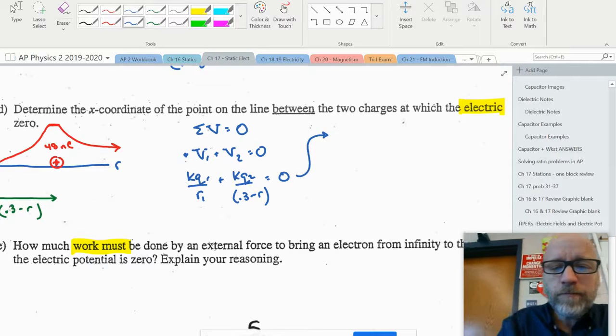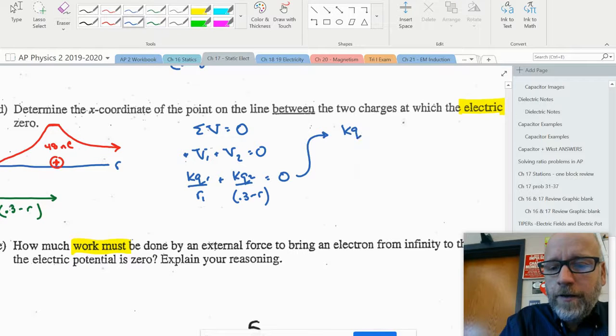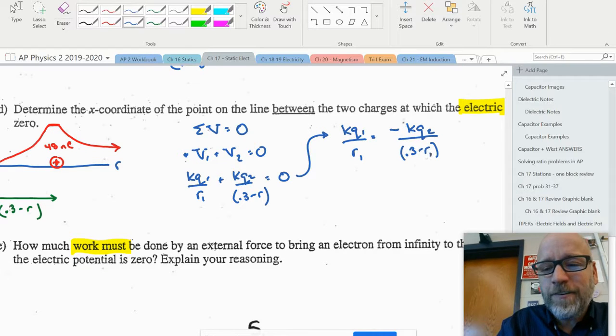Cleanest way might be this. kQ1 over R1 equals, I'm going to subtract it over to the other side. Oh, wait, that's just algebra. You got that. The k's cancel out.